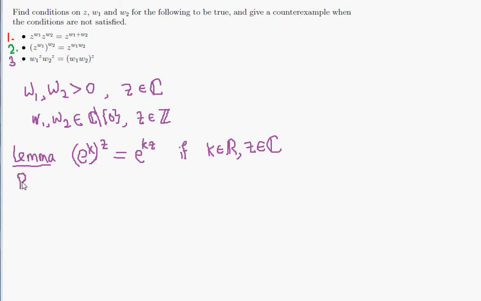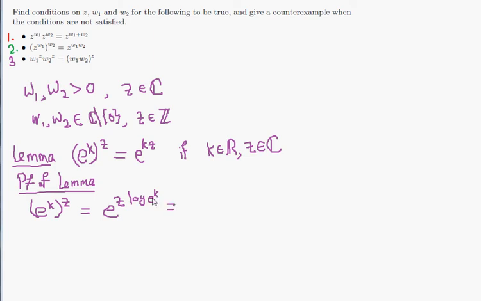So the proof of the lemma is as follows. e to the k to the z. By definition of the exponential function, when I have a complex exponent, this is equal to e to the z times the log, the generalized logarithm of e to the k.